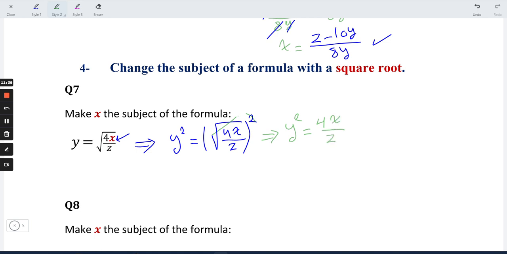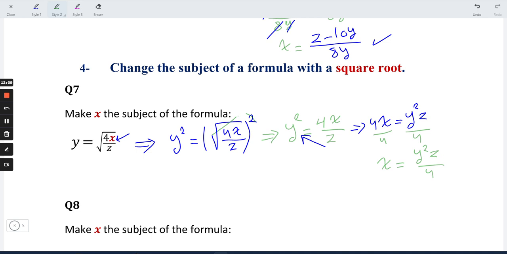You remember the first question, one step to get 4x, so we will multiply z with y square. We will get 4x equal y square z. Divide both sides by 4, we'll get x equal y square z over 4.